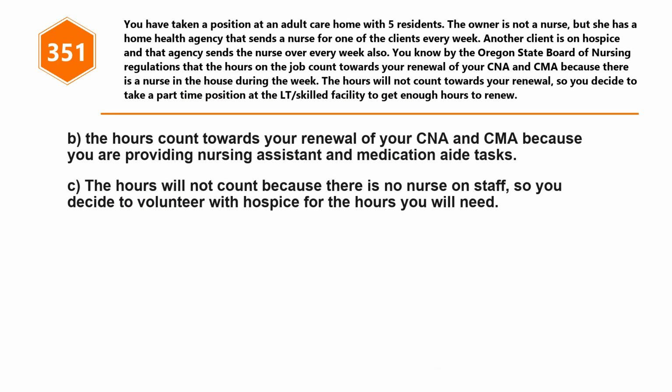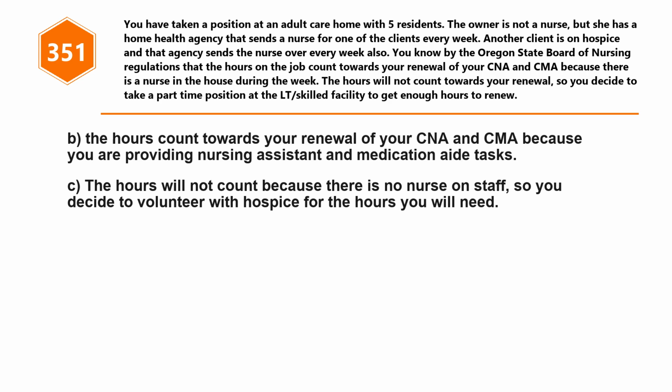Question 351. You have taken a position at an adult care home with 5 residents. The owner is not a nurse, but she has a home health agency that sends a nurse for one of the clients every week. Another client is on hospice and that agency sends the nurse over every week also. Option A, you know by the Oregon State Board of Nursing regulations that the hours on the job count towards your renewal of your CNA and CMA because there is a nurse in the house during the week.